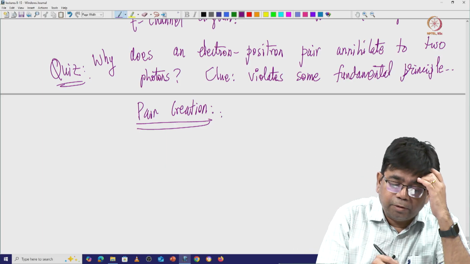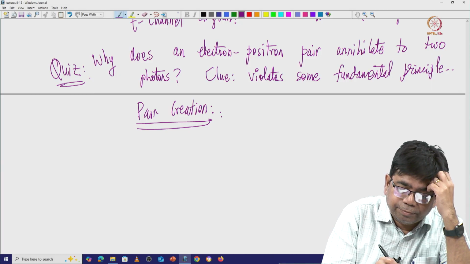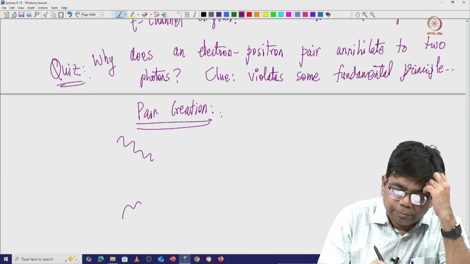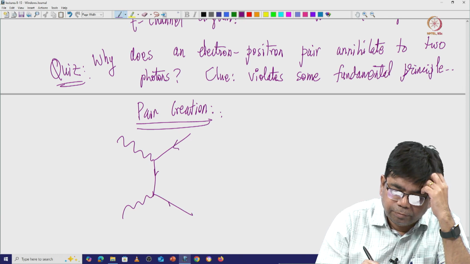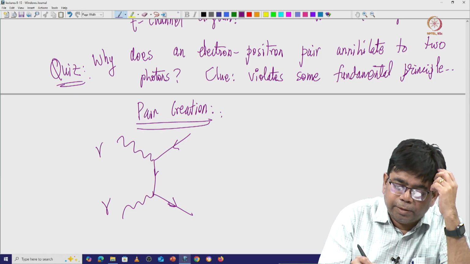Pair creation is just the opposite of these 2 diagrams. You have gamma gamma.